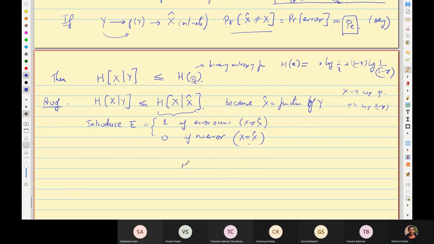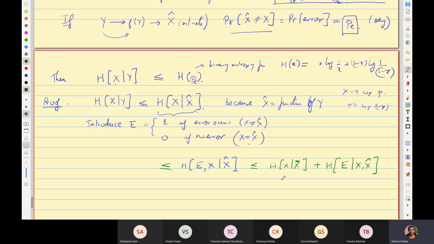You look at this quantity, and on one side you can expand it as H of X given X hat. Notice that there are two possible expansions using the chain rule of entropy.